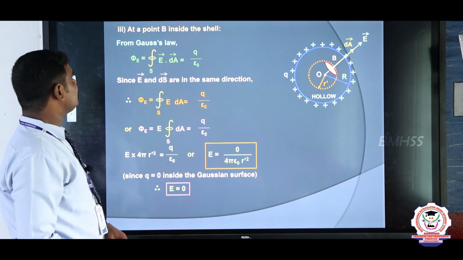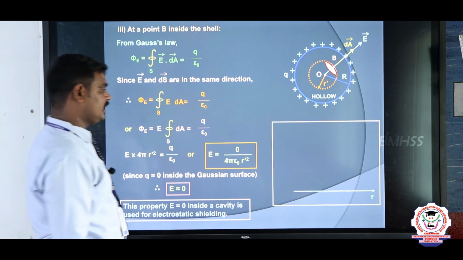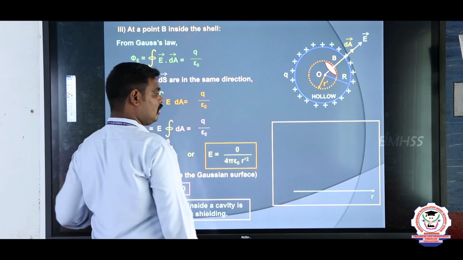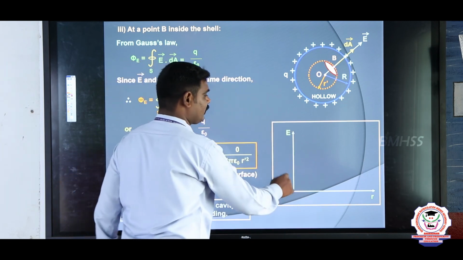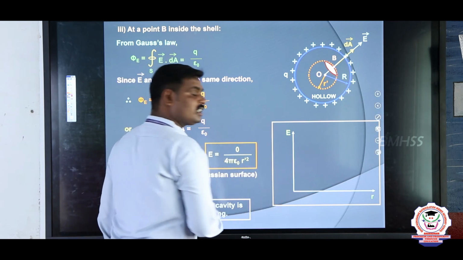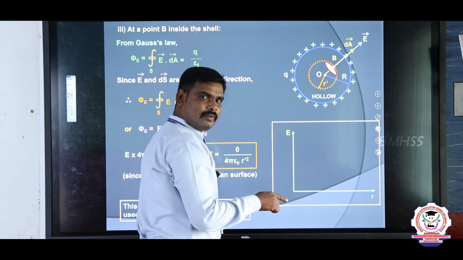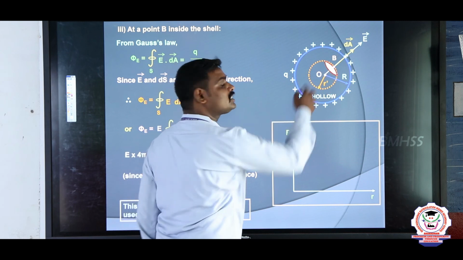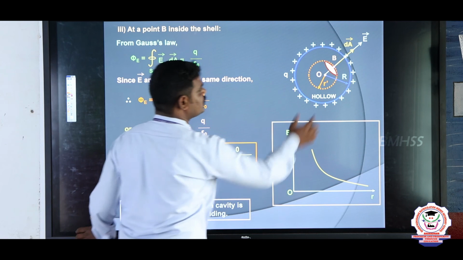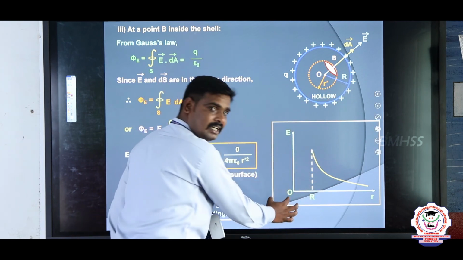From these cases, we can draw a graph. On the x-axis I take distance r, and on the y-axis I take E, the electric field. This is my origin. Inside, from r equal to 0 up to the particular distance capital R, there is no electric field.